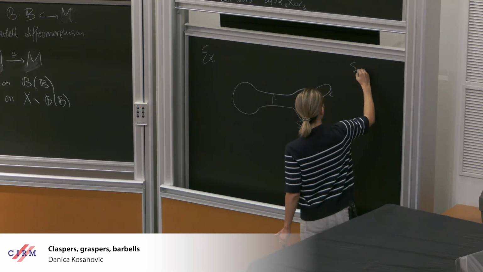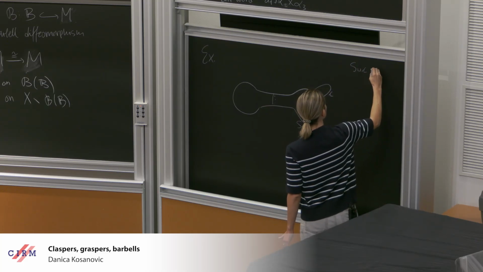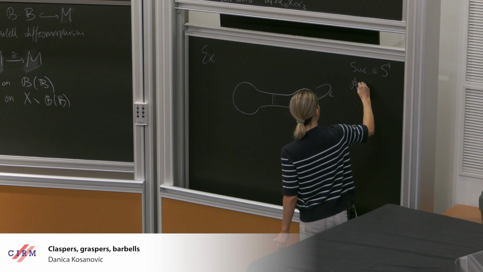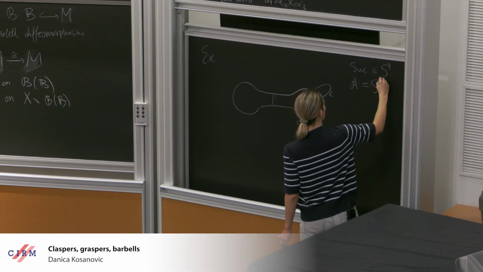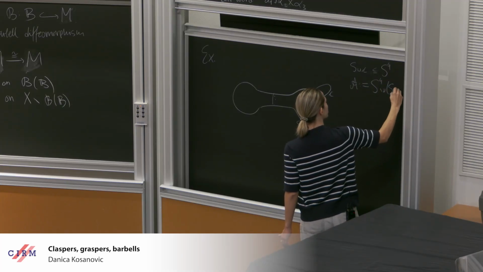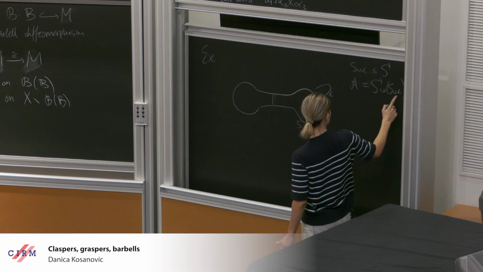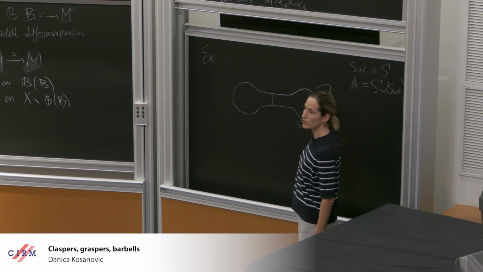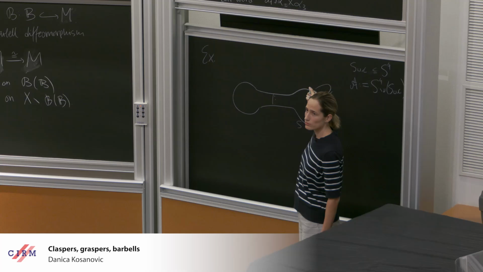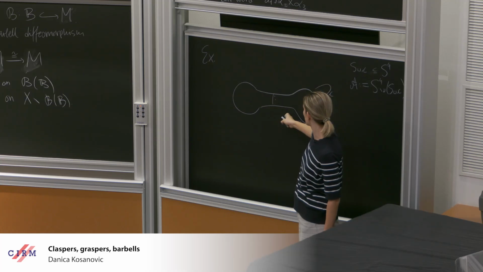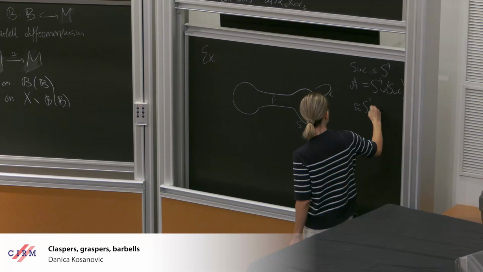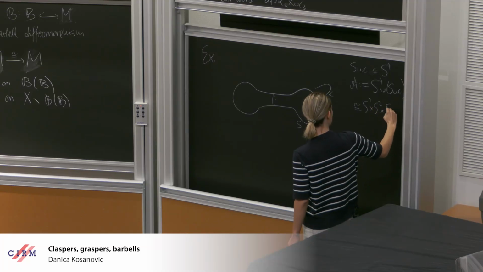So S union C is just the Hopf link in S4. But then you have the manifold A, that's the complement of their tubular neighborhood. So if you remove a circle from S4, you get S2 cross D2, and then I remove S2 cross a point. So I get something that's diffeomorphic to S1 cross S2 cross interval.